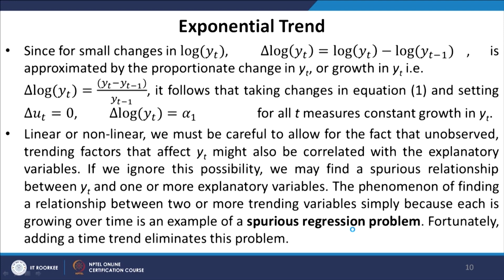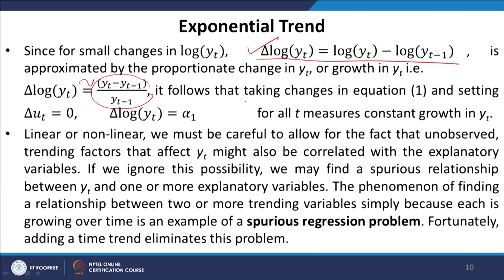We know that for small changes in the logarithm of yt, that is delta log yt equals log yt minus log yt minus 1, is approximated by the proportionate change in yt, or growth in yt. So, what we are trying to say is that this delta log yt is approximately equal to the proportionate change in yt for small changes.